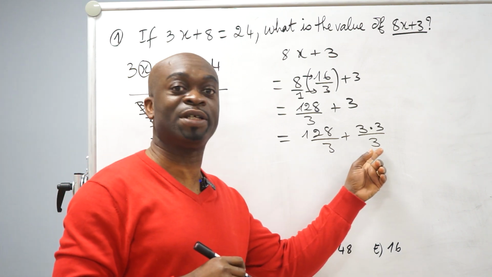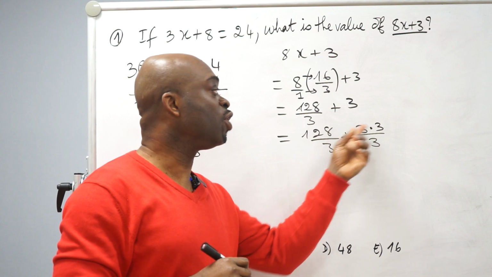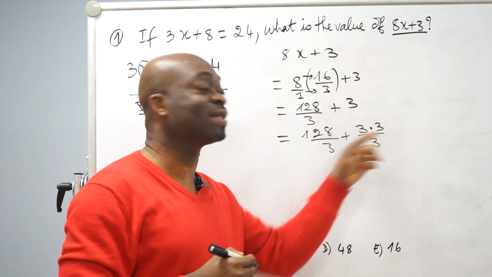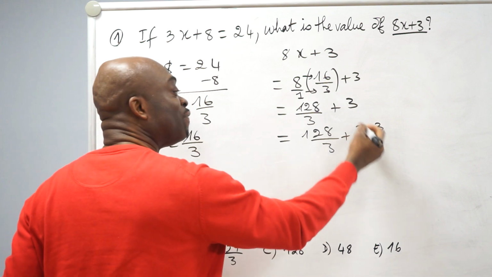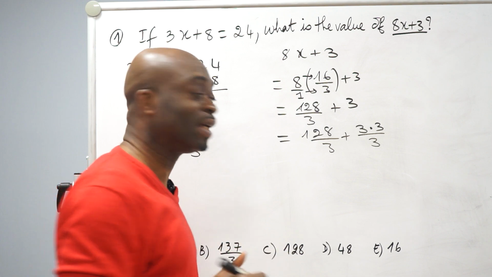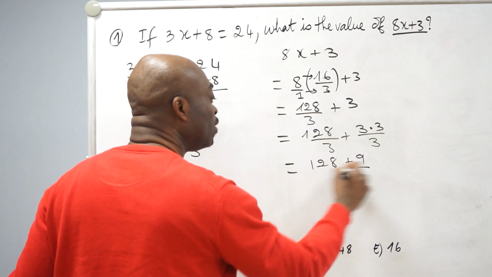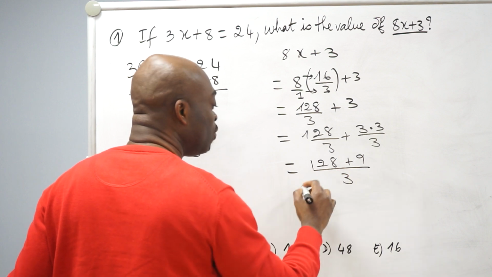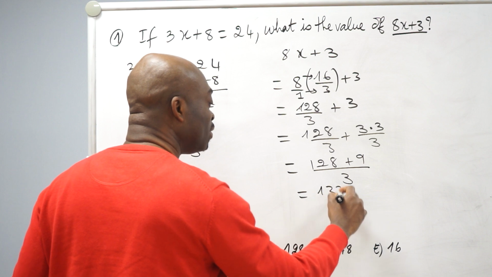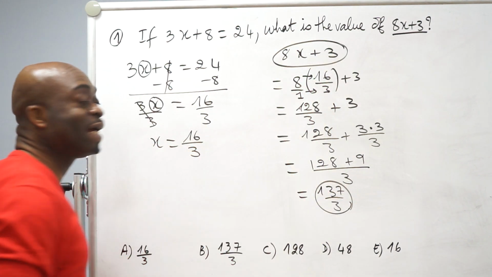Because the lowest common denominator is 3, because now we changed the denominator from 1 to 3, we also have to adjust it by multiplying the top expression, which is already 3, times another 3. So if you simplify 3 over 3, what's happening? You get 3 back. So you have not really changed anything, right? So that means we have 128 plus 9 over 3, okay? Which is going to give you what? 137 over 3. And that is the value of 8x plus 3.